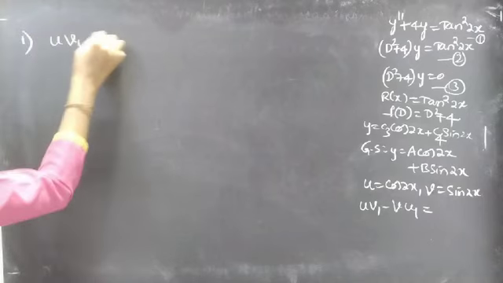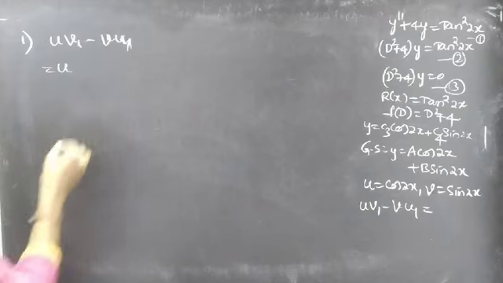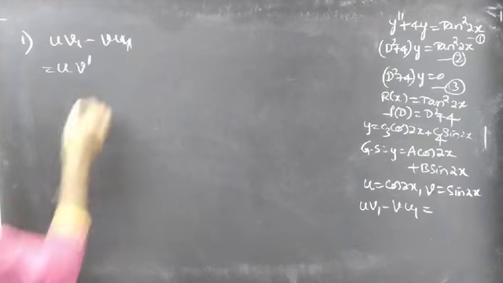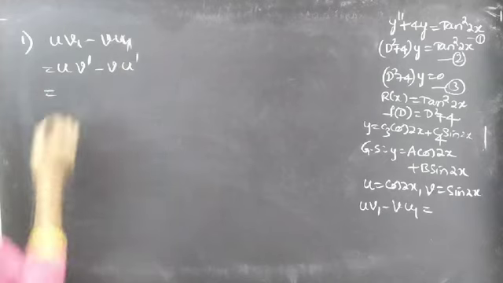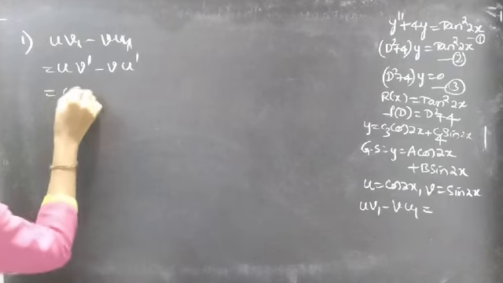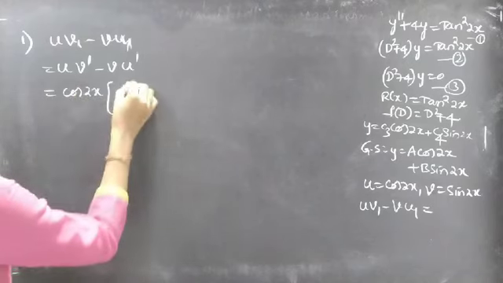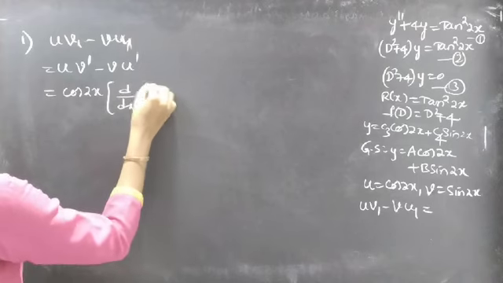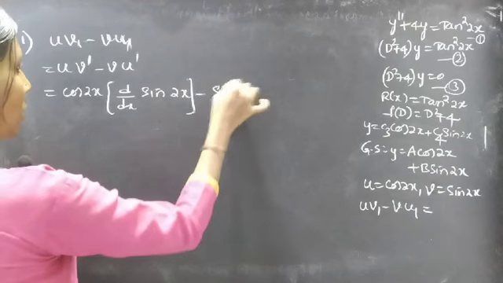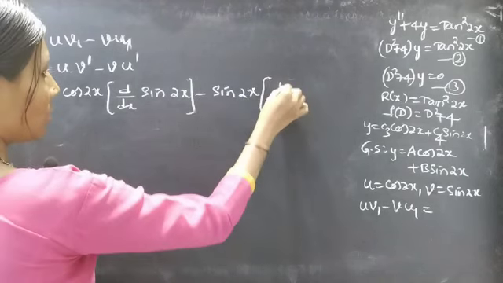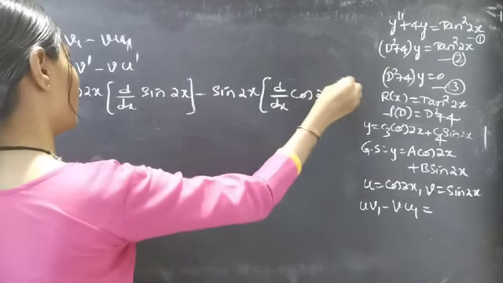Let's find uv1 minus vu1. This is equals to u into v1, which is nothing but derivative of v, minus v into u1, which is nothing but derivative of u, right? So we have u cos 2x into v1, derivative of v with respect to x, minus v into u1, derivative of u with respect to x.